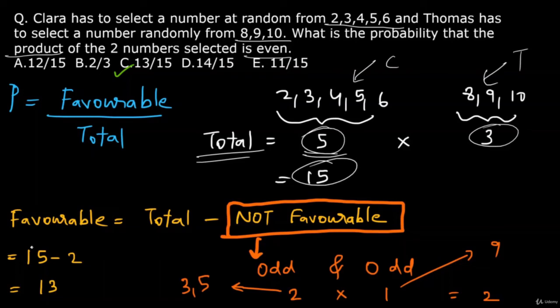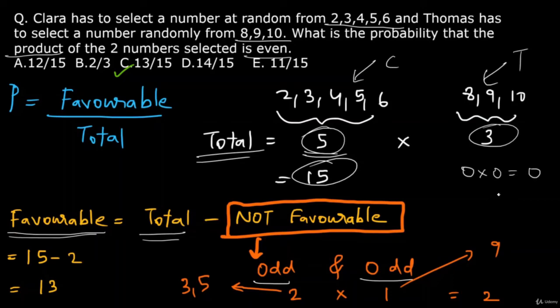Now, to find the favorable options among these selections, you just need to subtract the not favorable events from the total events. The not favorable event is the case where both of them select an odd number, because odd into odd gives odd.